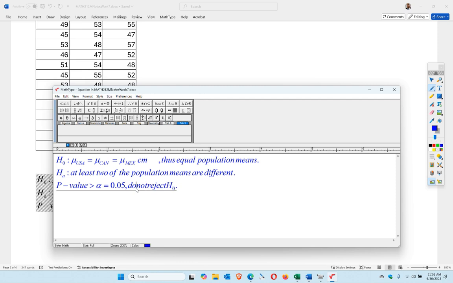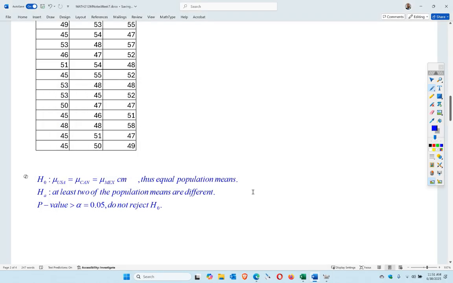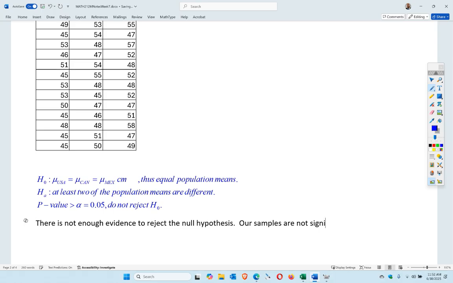All right. There is not enough evidence to reject the null hypothesis. Our samples are not significant, meaning they're expected.